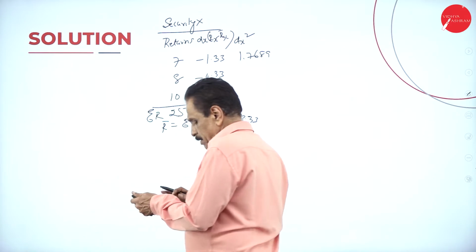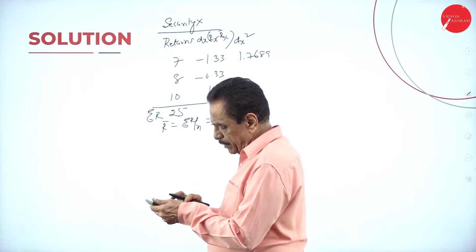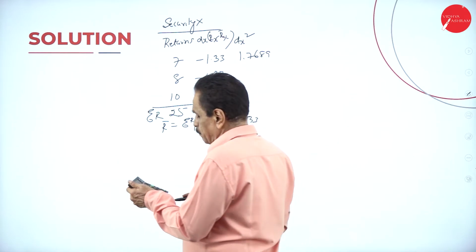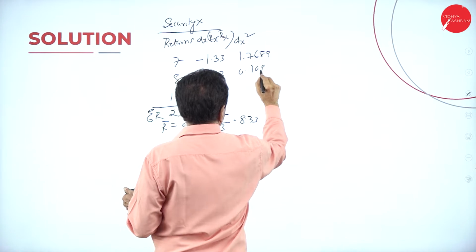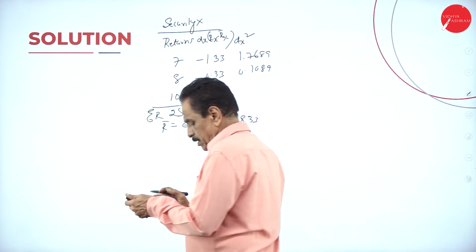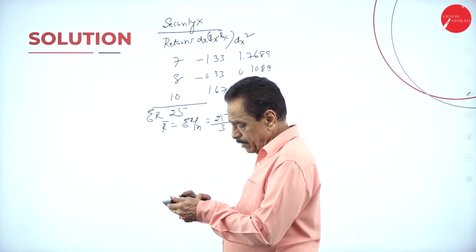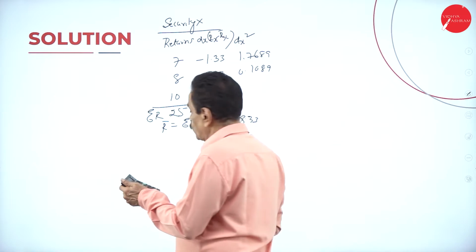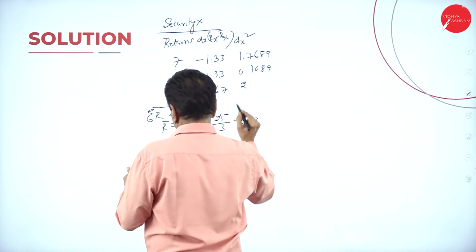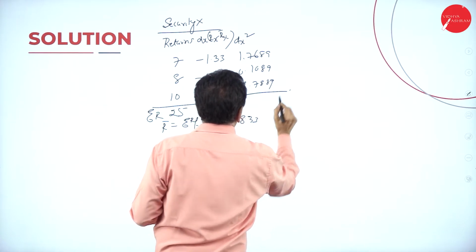1.7689. 0.33 into 0.33, 0.1089. 1.67 into 1.67, 2.7889.